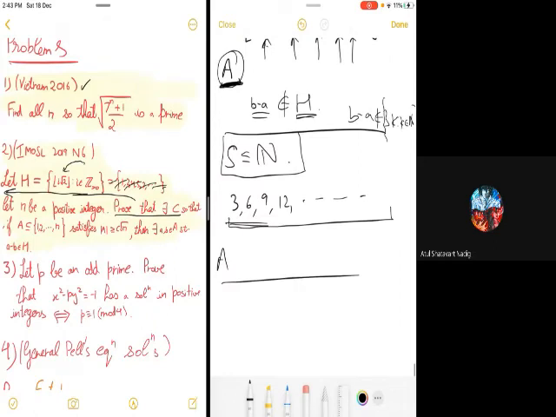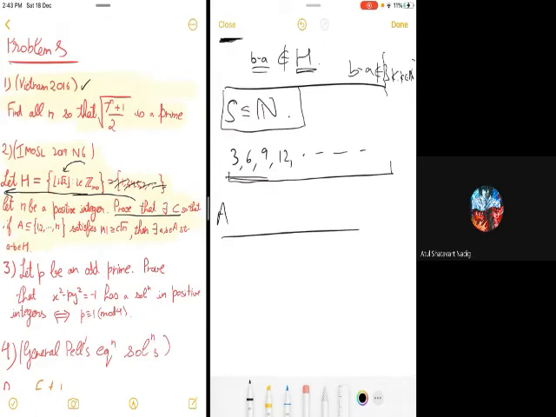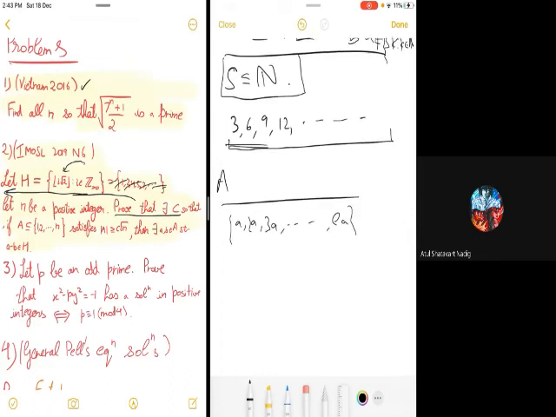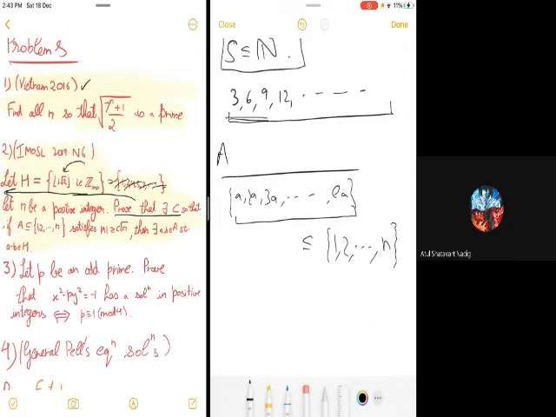So if we have a large AP of this type inside of 1 to n, which is also inside H, then what would happen? Then you can select at most A elements.